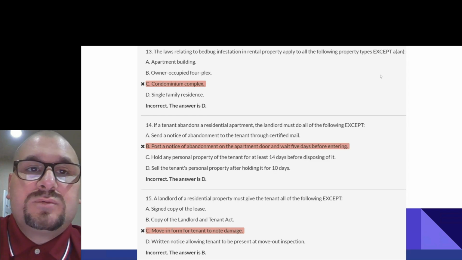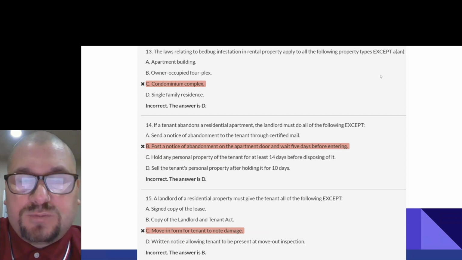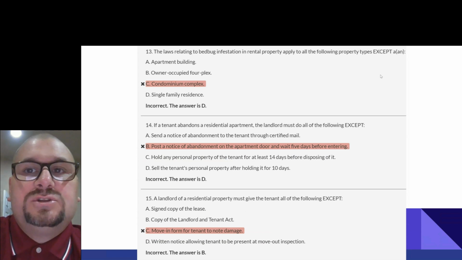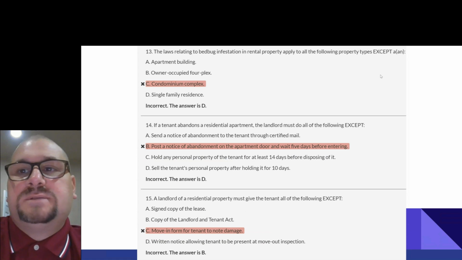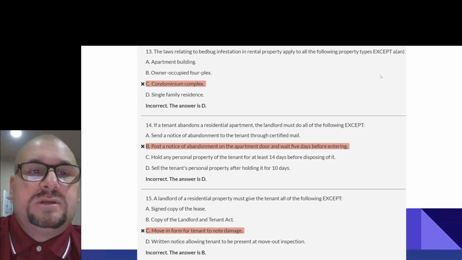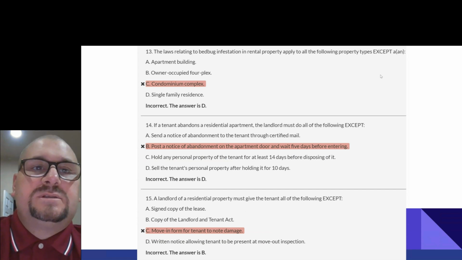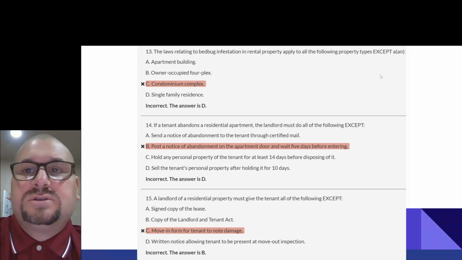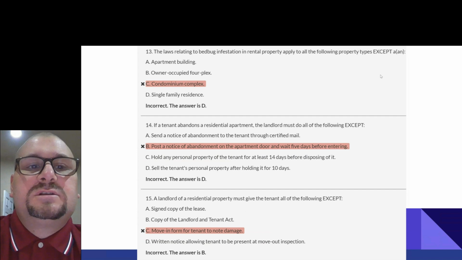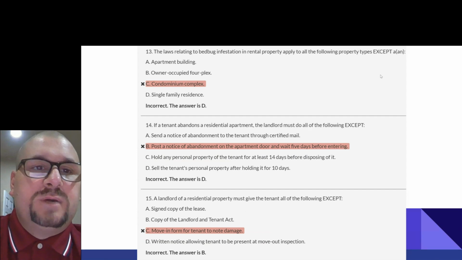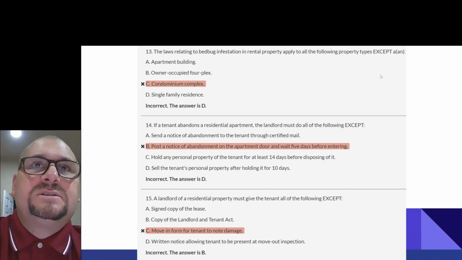The laws relating to bedbug infestation in rental property apply to all of the following property types except, Delta, single family residence. So do bedbug laws apply to single family residences?